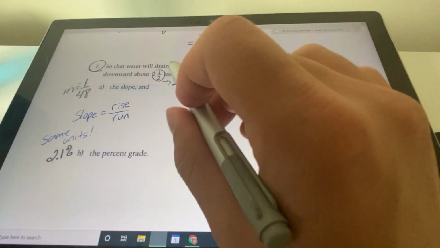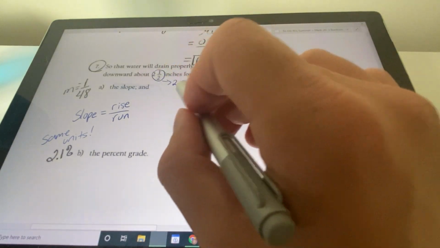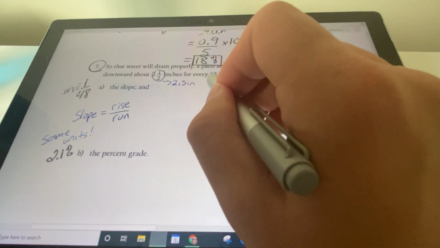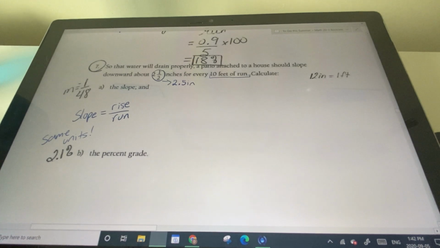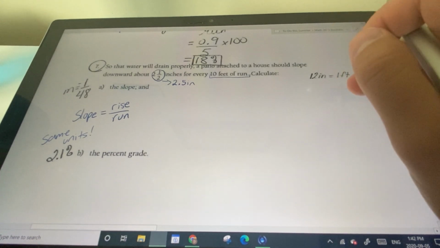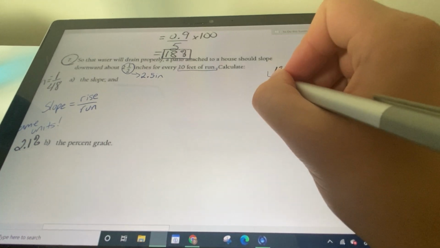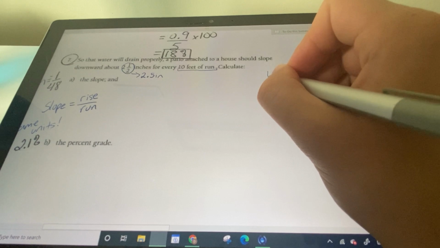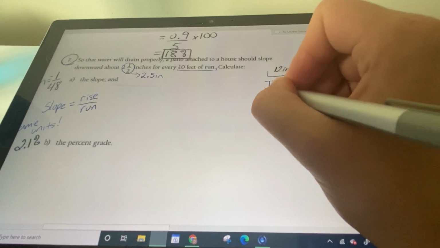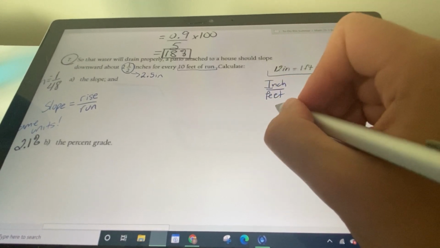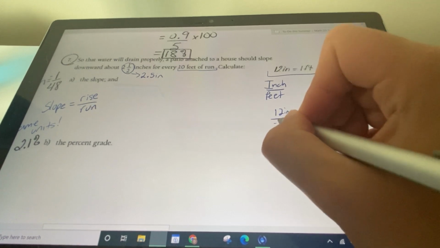So here, we're going to have to do a little bit of extra math. I'm going to change this into inches. For every 1 foot, there are 12 inches. This is a ratio. I'm going to put inches on the top and feet on the bottom. So for every 12 inches, there's 1 foot.